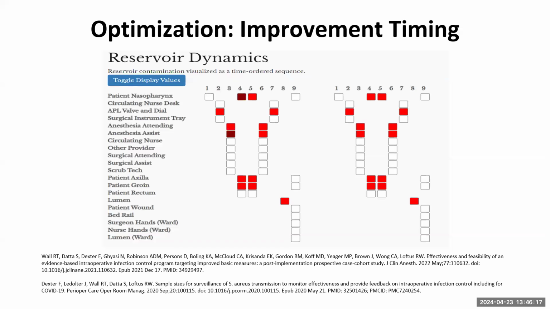The next step in the baseline phase is to say, okay, my transmission's high, I have opportunity for improvement in a lot of areas according to the dashboard, but when should I intervene? Is it the beginning of the day? Is it the middle of the day? Is it the end of it? As you look at this graph, increasing red indicates more detection.